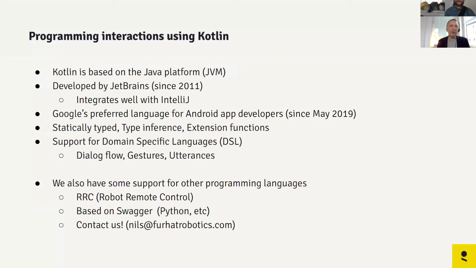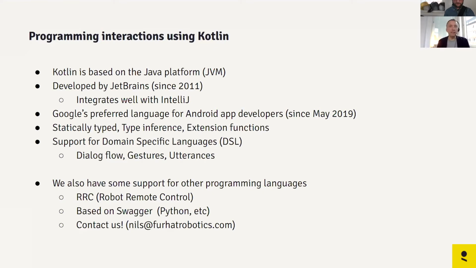Kotlin is a programming language that is based on the Java platform. So it runs on the Java virtual machine and it compiles into Java bytecode. And it means that it's completely interoperable with Java. So if you have any libraries in Java, you can use them directly in Kotlin. And vice versa, the things you do in Kotlin can be used in Java and so on.